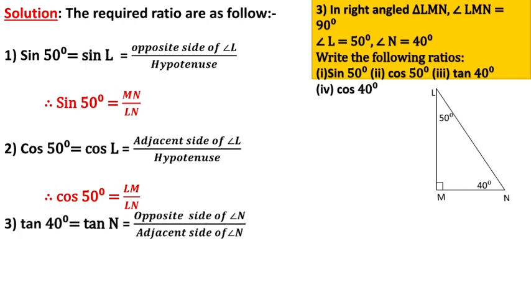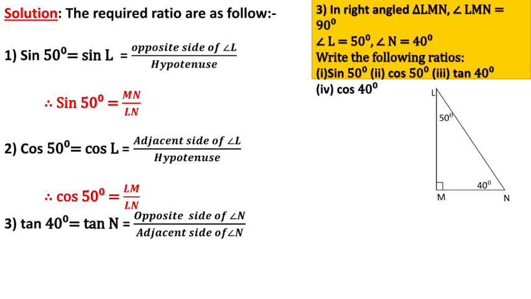Now tan 40 degree equals to, the 40 degree is given of which angle? Angle N. So tan N equals the opposite side of angle N upon the adjacent side of angle N. The opposite side of angle N is LM and the adjacent side is MN.